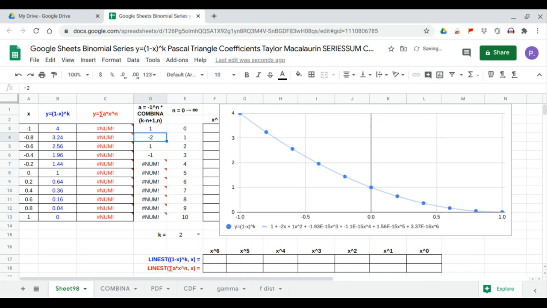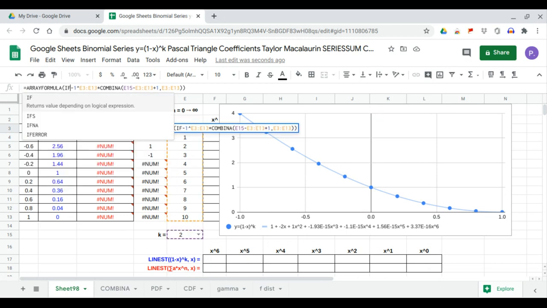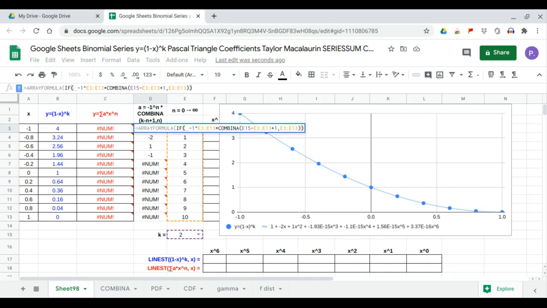Enter. So we have an error. This should be 0. So if n exceeds 3, n is 2 here. If it is more than 2, this should be 0. So we have to correct this. So if n is greater than k, then 0.